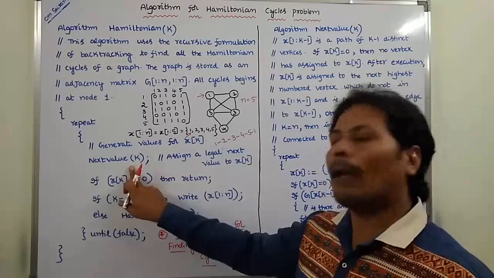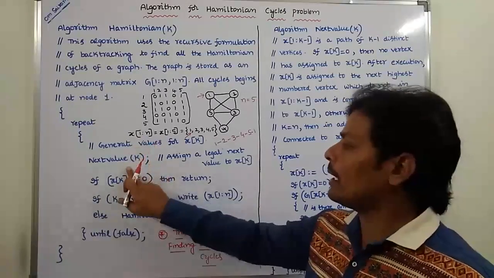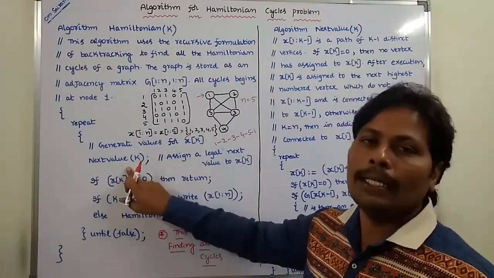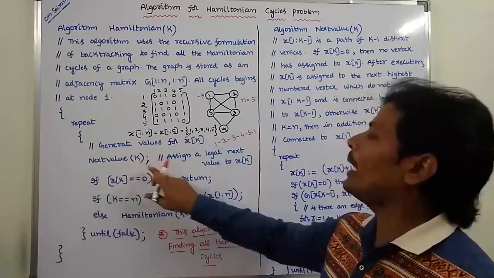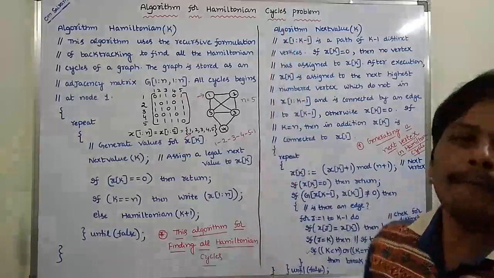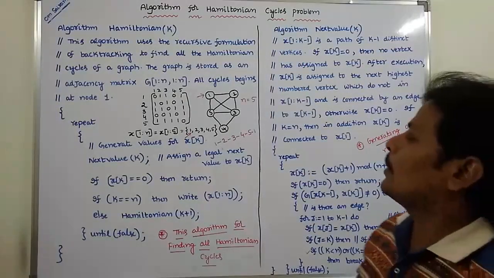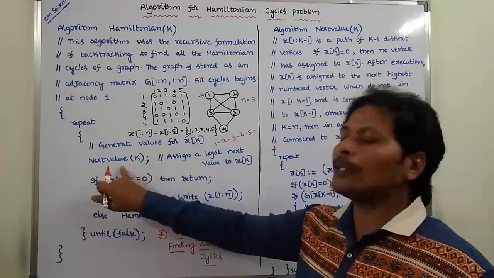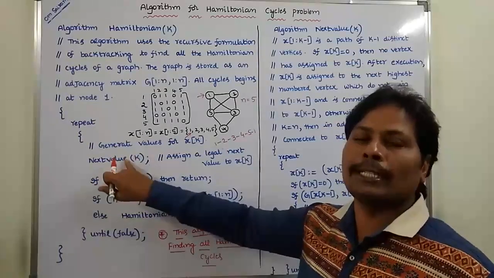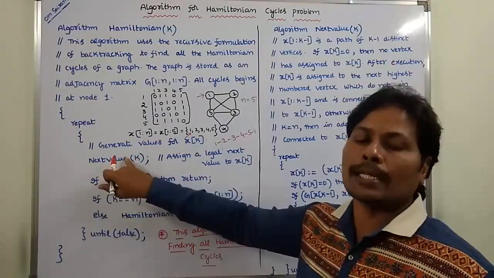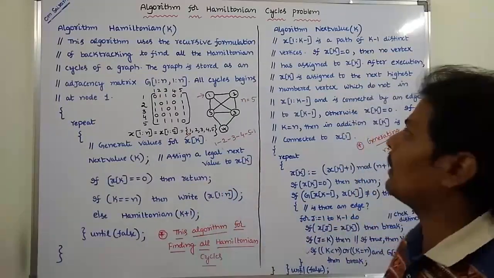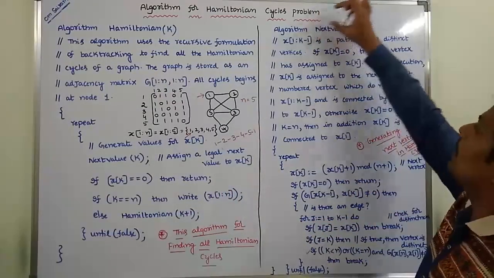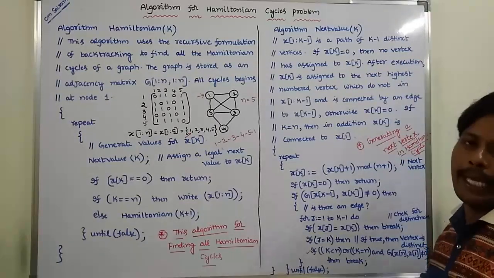This is the calling function. Whenever the function is called, the control is transferred from the calling function to the called function. So this function is used for finding the next vertex in the Hamiltonian cycle after the starting vertex. So, algorithm next value of k.